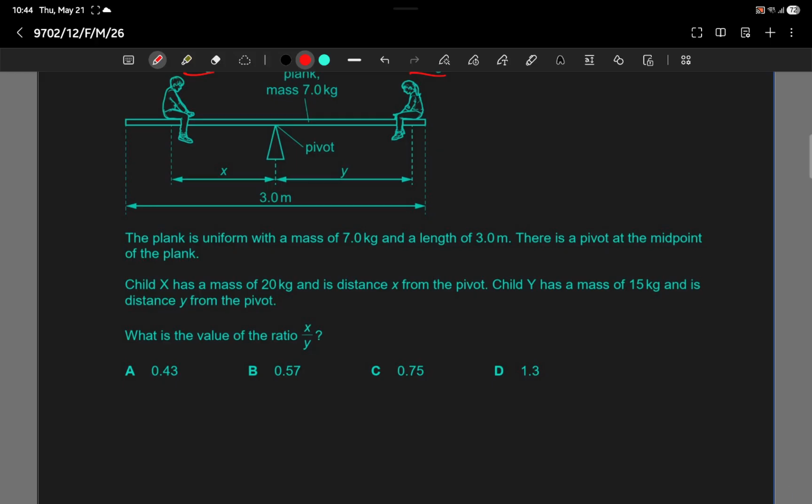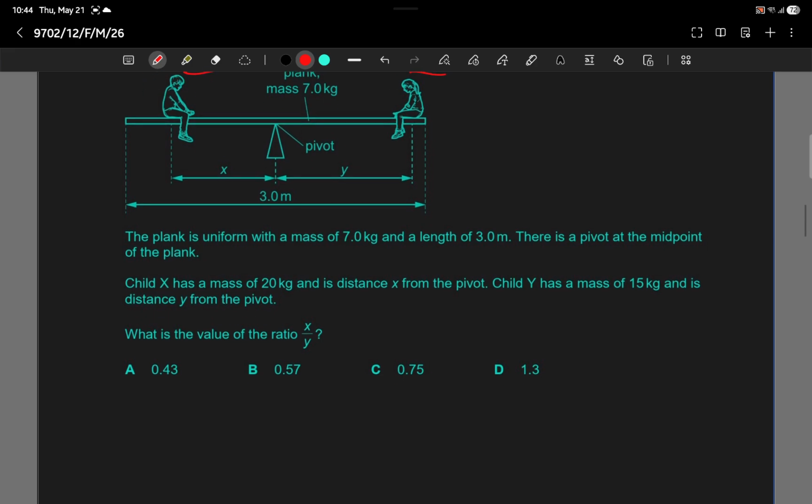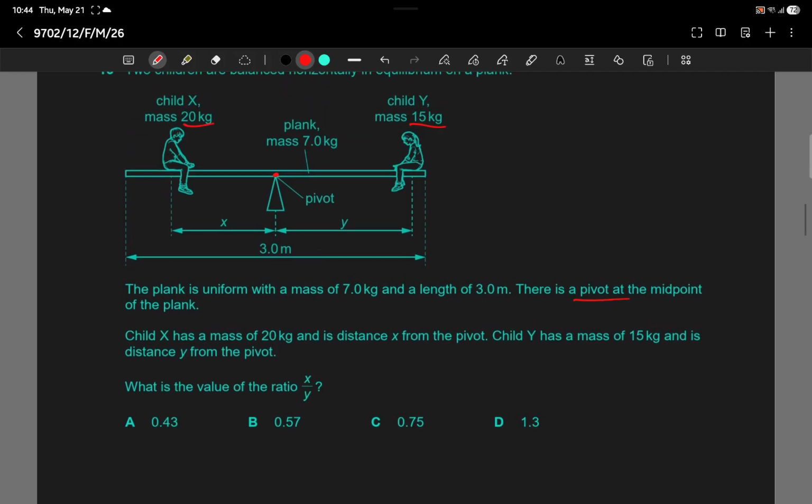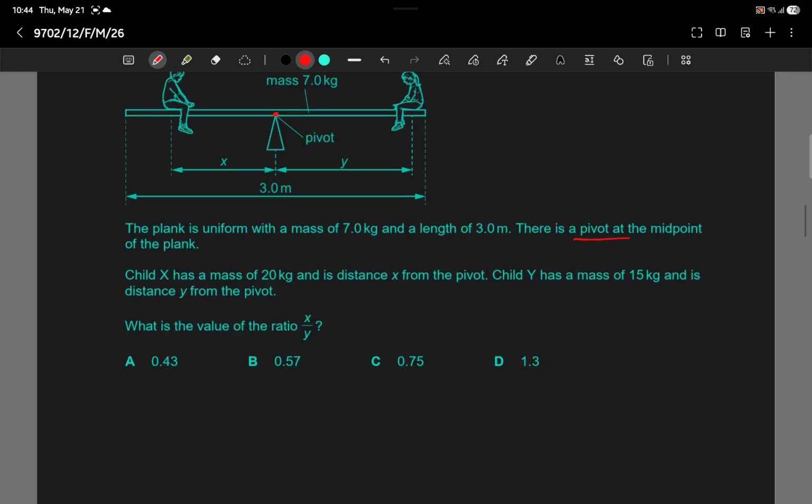I'm pretty sure. So the plank is uniform with a mass of 7 kgs and length is 3 meters. Okay, so the pivot is the midpoint. This is the uniform midpoint.